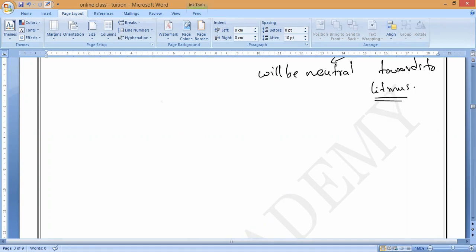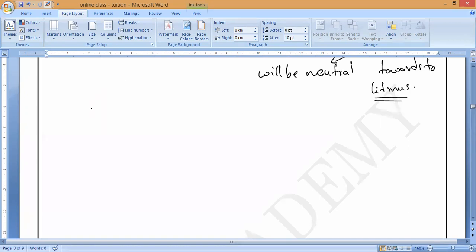So let's start now. All of you, are you ready? You have to write it. Though the aqueous solutions of many salts are neutral, means 7, some exceptions are there. Some are acidic in nature, some are basic in nature.